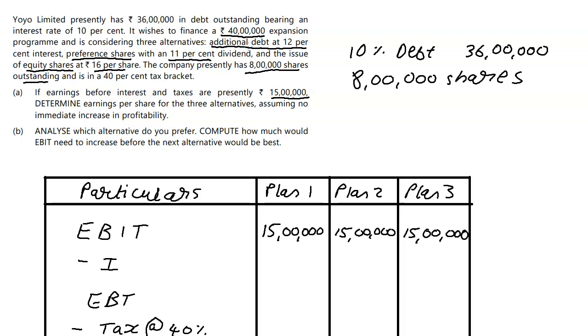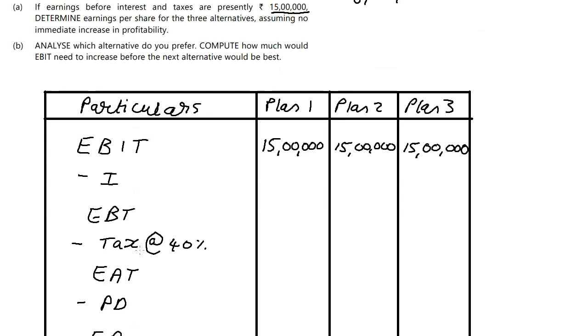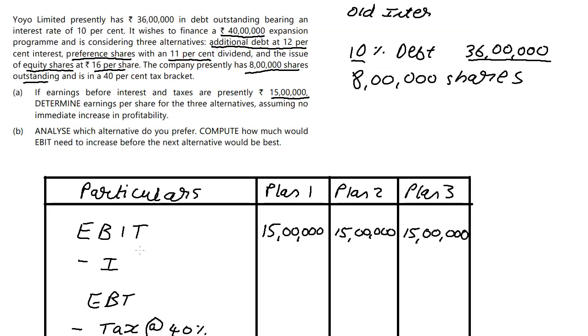Then what other information has been given to us? They've said that you've got debt right now, 10% debt of 3,60,000. So that means the old interest, which is going to be applicable to everybody. Within interest itself, we could have two things: the old interest, and in case we're issuing any debentures or taking a loan.